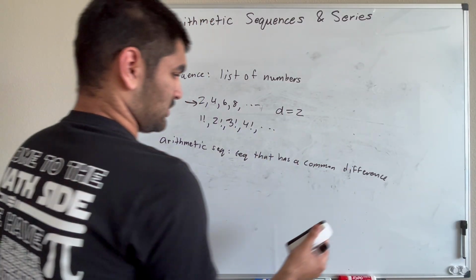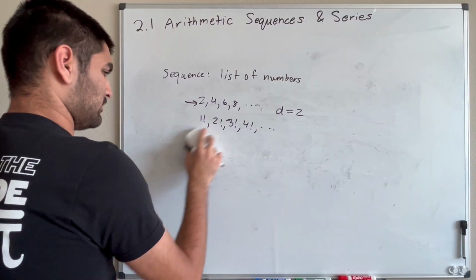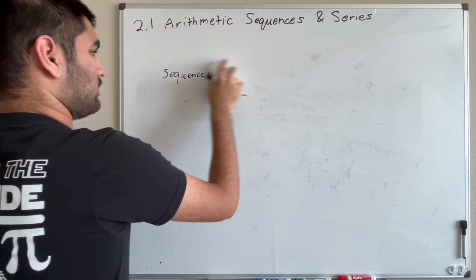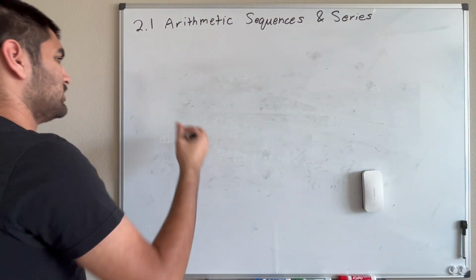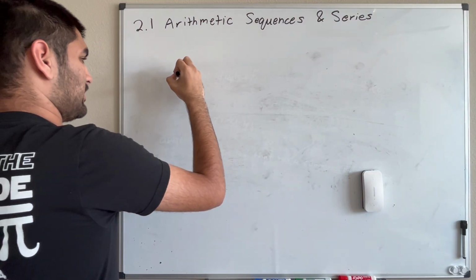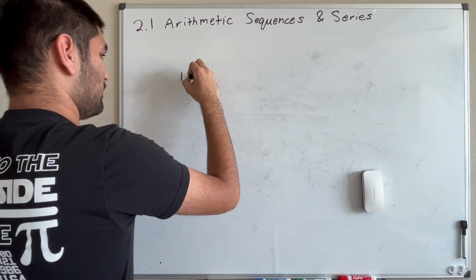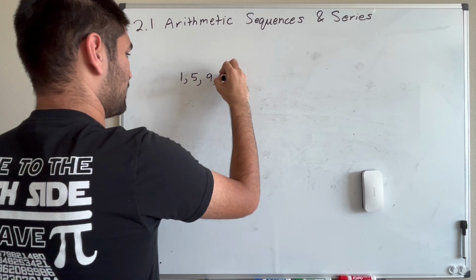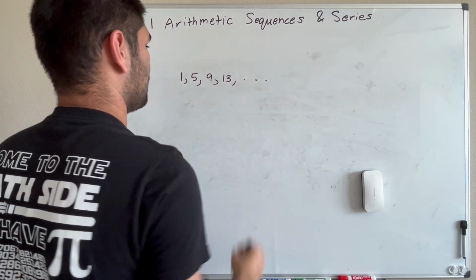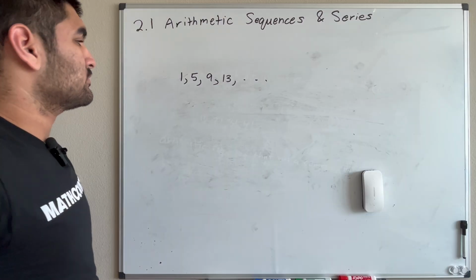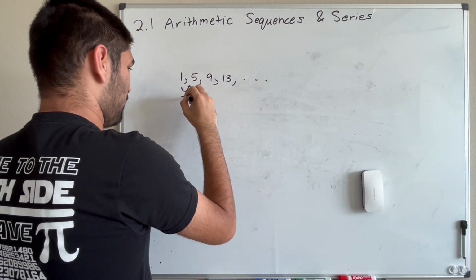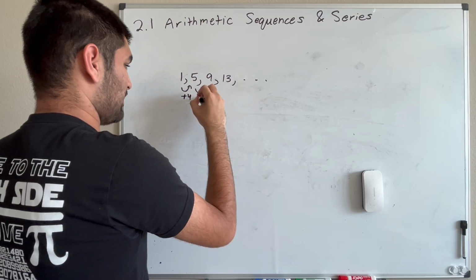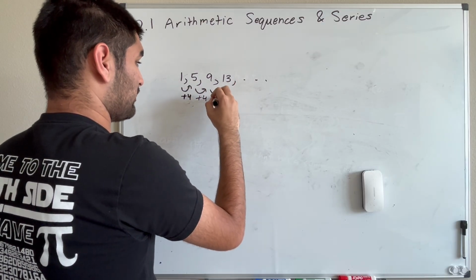All right. So let's do some examples with determining if a sequence is arithmetic or not. If we had 1, 5, 9, 13, and so on, is this arithmetic? Well, from 1 to 5, you have to add 4. From 5 to 9, you have to add 4. And from 9 to 13, you have to add 4.